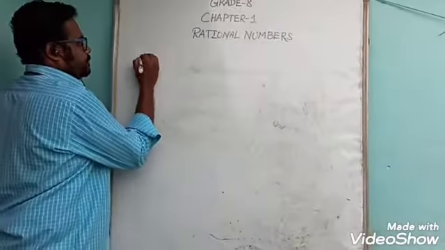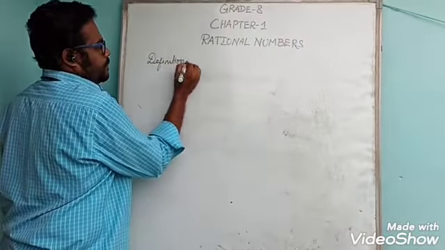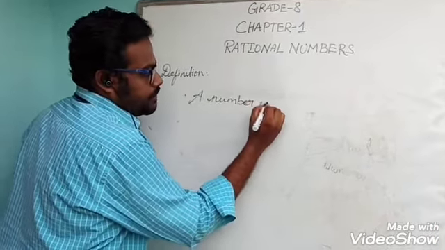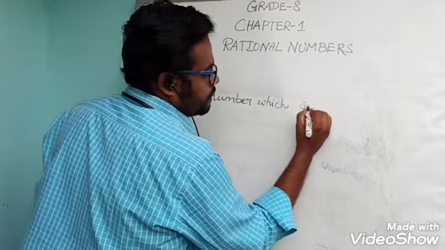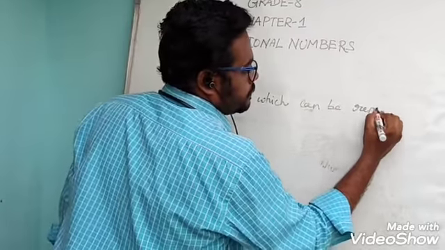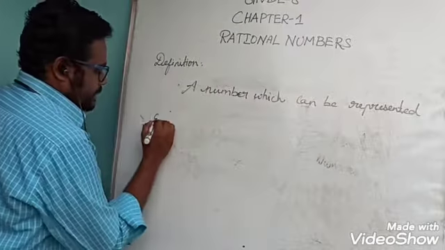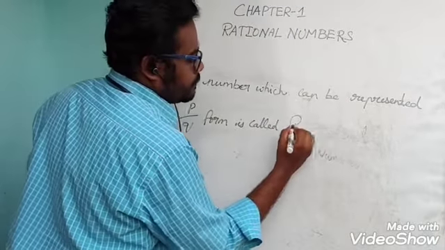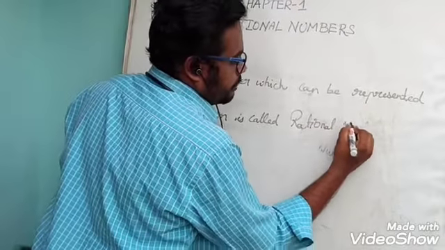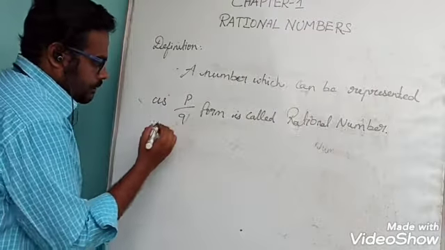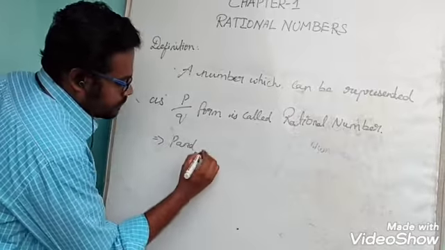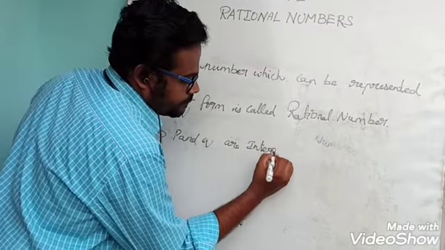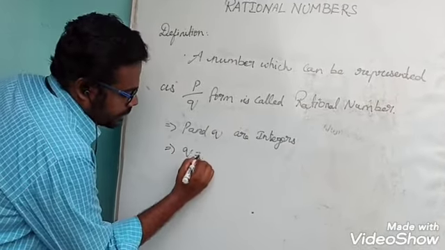Now we see the definition. Definition: a rational number is a number which can be represented in P by Q form, which implies P and Q are integers and Q is not equal to 0.